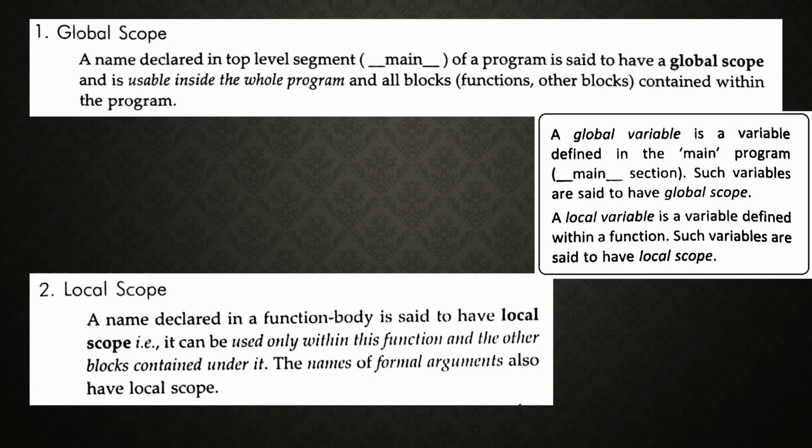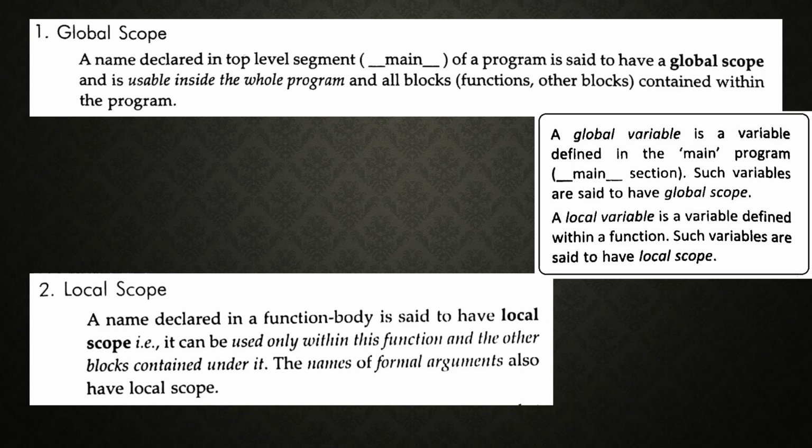The names of formal arguments also have local scope. Formal arguments are the arguments used in a function or block. Arguments used in the top level program or top level segment are called actual arguments.